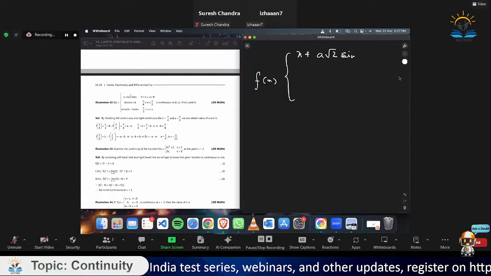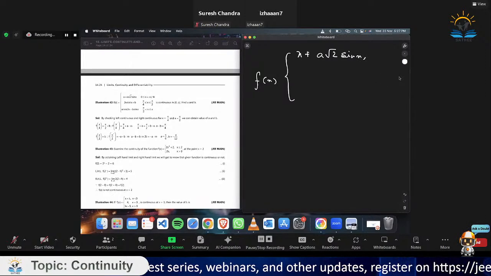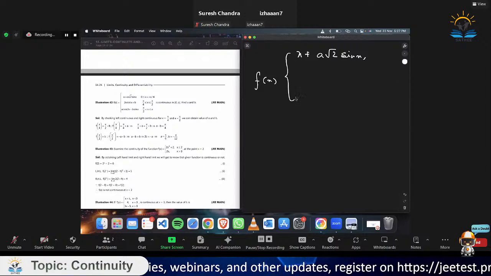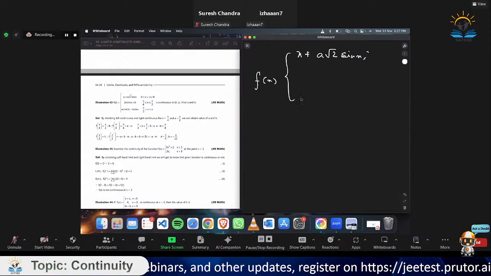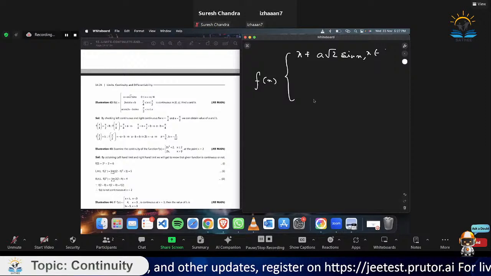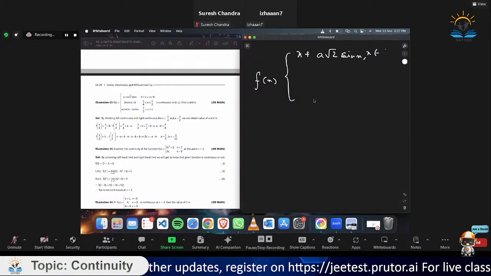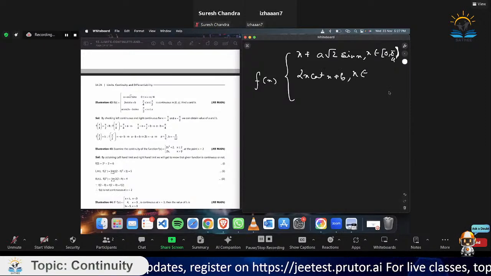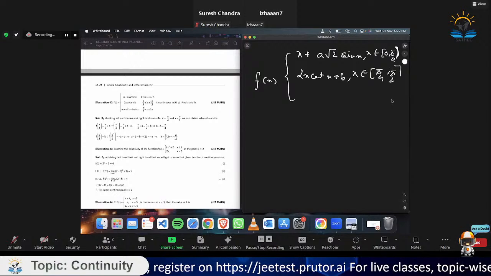And now a cos x minus b sin x for x belonging to pi by 2, not inclusive, to pi inclusive. Let's see how can we do this.